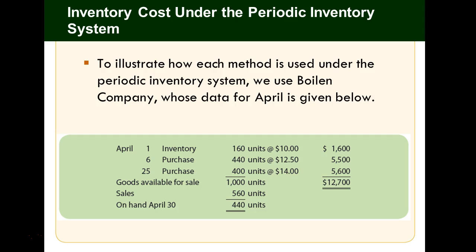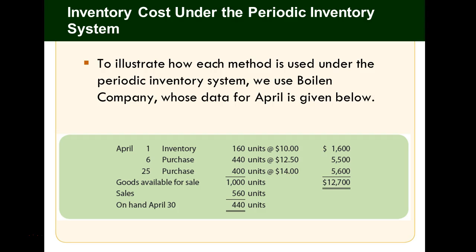Then on April 25th, they purchased another 400 units at $14 a unit. So they have available 1,000 units at a total cost of $12,700. But do you see how some units were at $10? Some units are at $12.50. Other units are at $14.